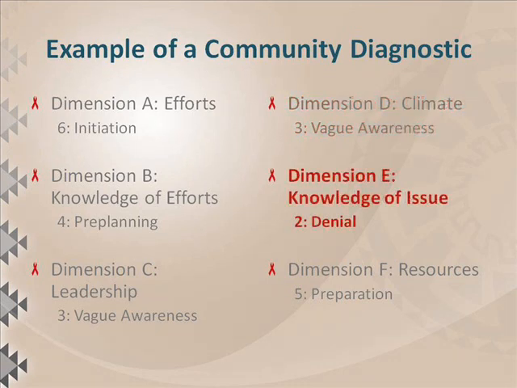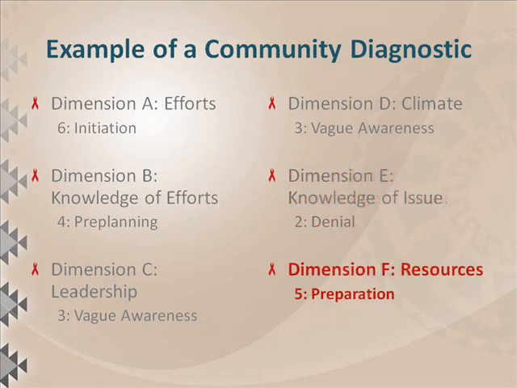Dimension E, knowledge of the issue, is at denial, which means that for HIV and AIDS, when we asked those questions, it appeared that the community overall does not know signs and symptoms, isn't sure about routes of transmission, does not know local data on how many people may be infected with the HIV virus or have AIDS, and that may be a dimension that the community would want to address in developing strategies.